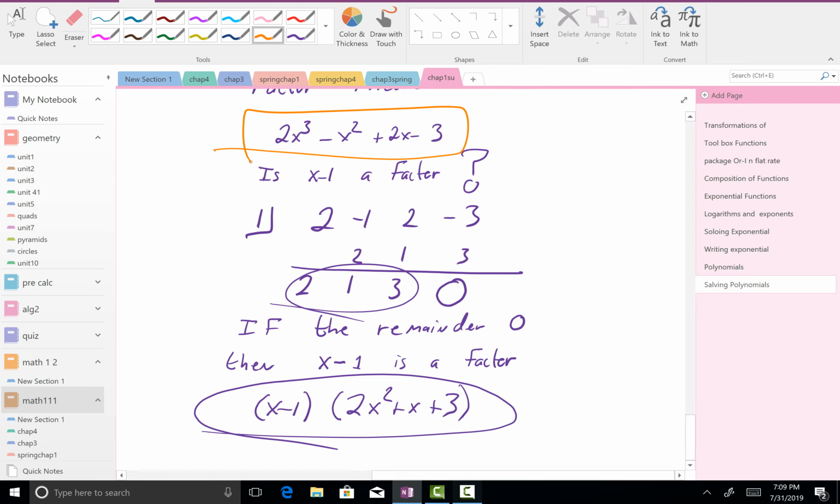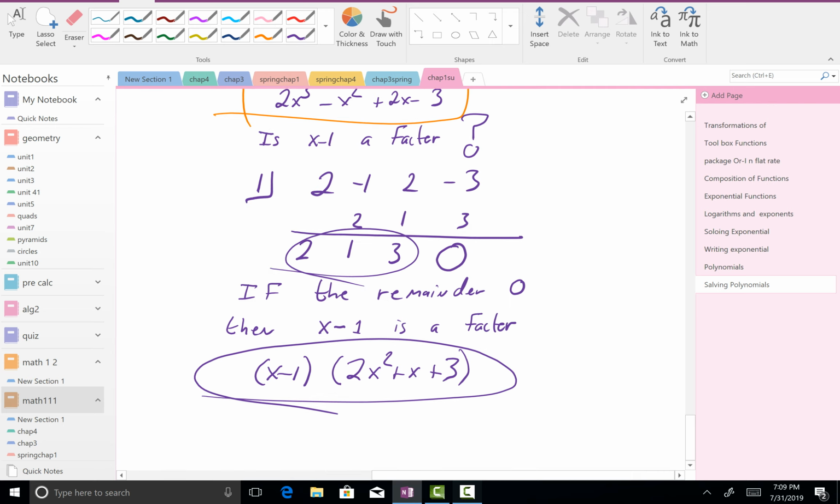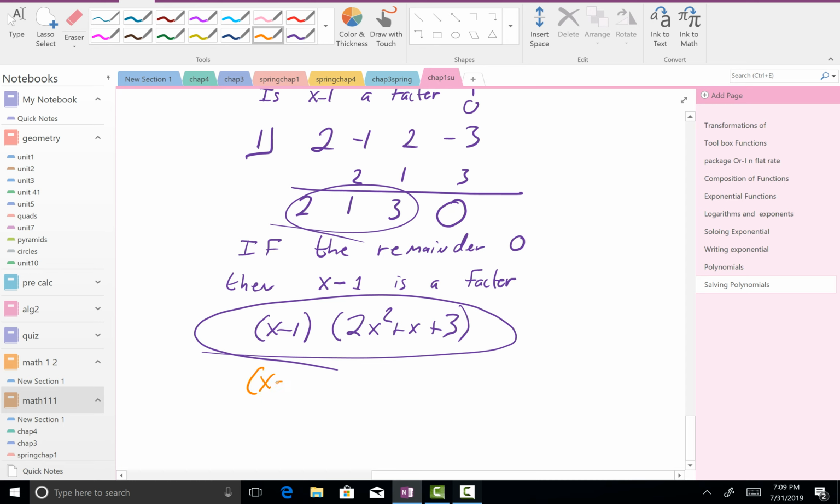So the question would be, does this factor anymore? And we already know that it does, because what are our other x-intercepts? So that means this would be a +6, and this would be a +1/2. Did you say -1/2? Yeah. What would have happened if I said, was this the same one that we did?